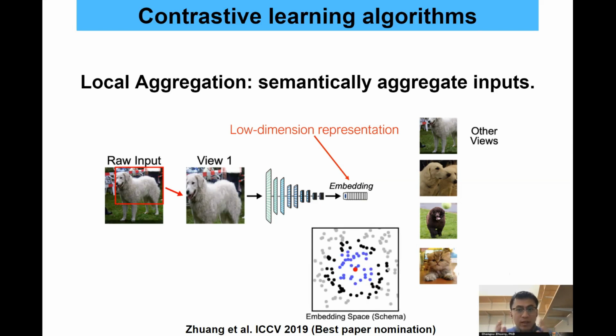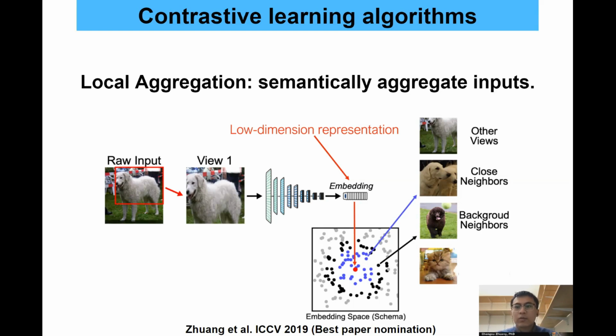We will first look at the embedding space. This is just a schema for that, including the embeddings of all possible images. The red dot, for example, here indicates the embedding for the current image. And what we will do then is to separate the embeddings into different groups. For example, the blue dots here represent close neighbors that are very similar to the current input in this embedding space.